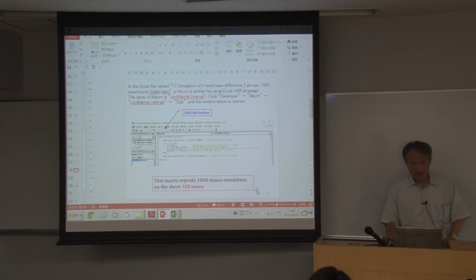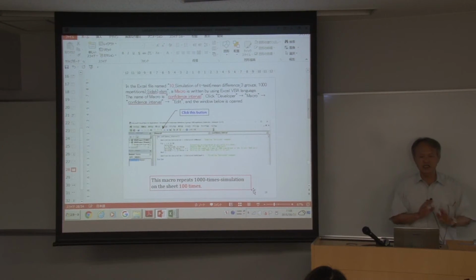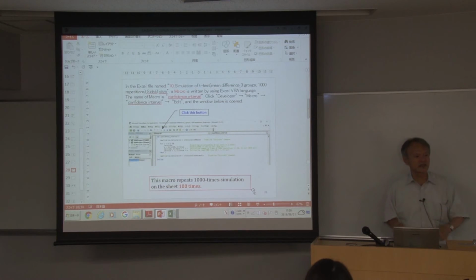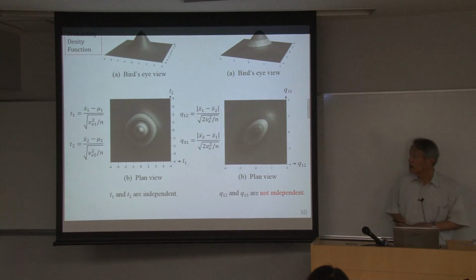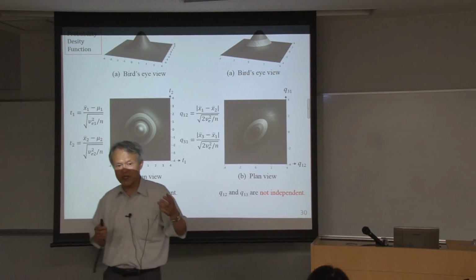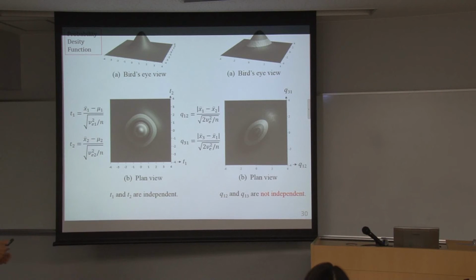So let me explain why the Sidak correction is severe, and it should be eased a little bit to make the FWER 0.05. Let me just briefly explain why it happened.